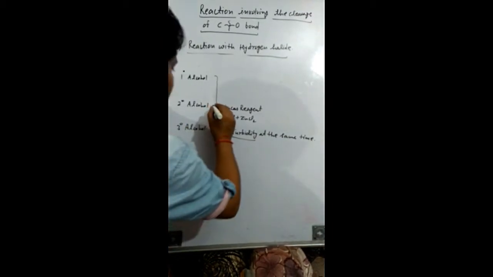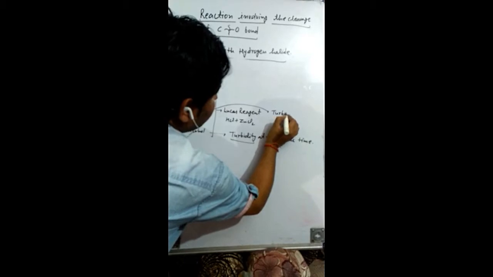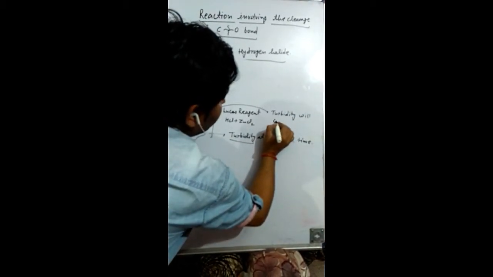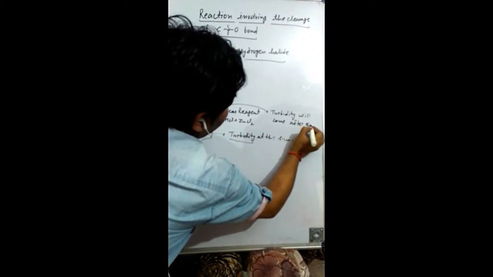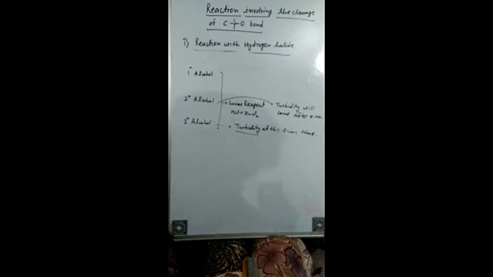Suppose the turbidity will come after 5 minutes. That means this is a secondary alcohol.